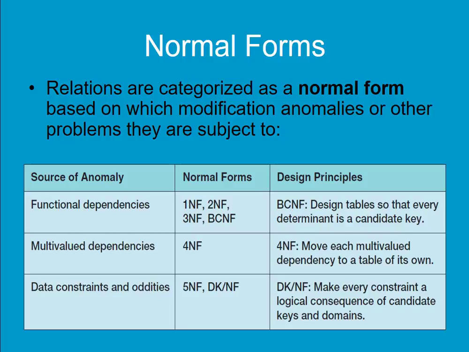And if we want to take our data and normalize it to the next degree, we call this 2NF, or second normal form. And this is where we eliminate redundant data. But for something to be in second normal form, it has to meet the criteria of the lower form, the first normal form.